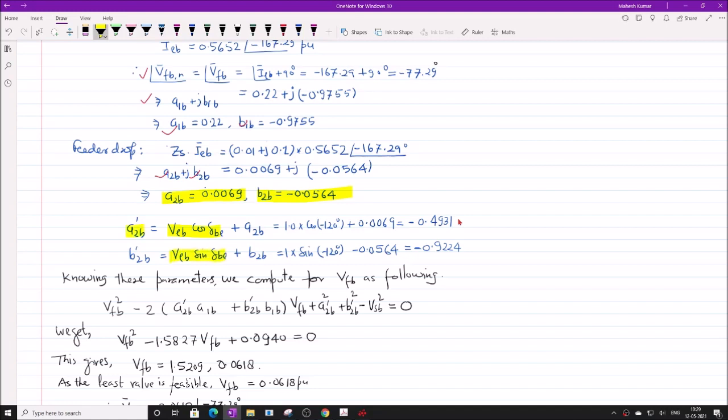This forms A2 dash and B2 dash. Then we will use these A2 dash and B2 dash for phase B in this equation and solve for VFB.